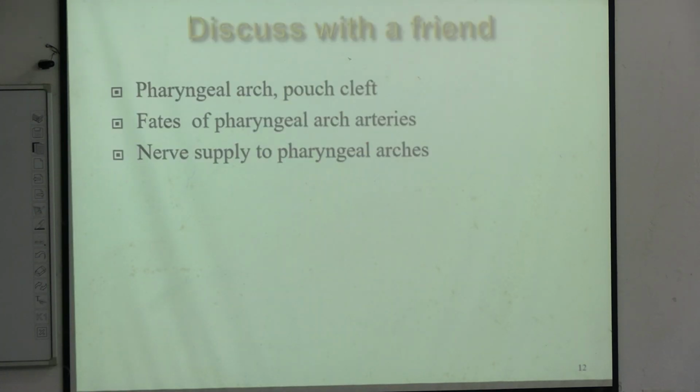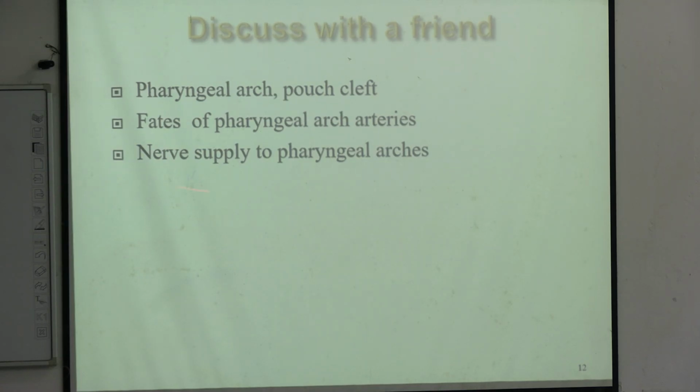Before that, we take a pause to check whether you understand the arch or not, whether you understand the pouch, the cleft, the mesoderm, the ectoderm and endoderm, and what are the numbers of the arches we have, and how many of them are there in this developing phase.